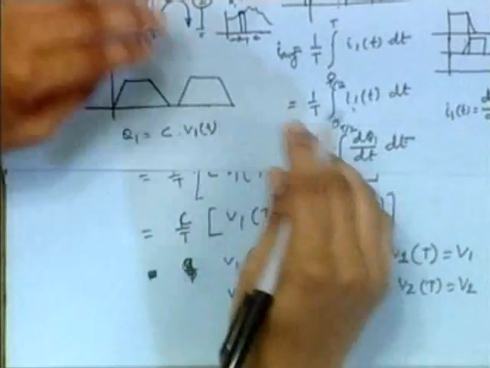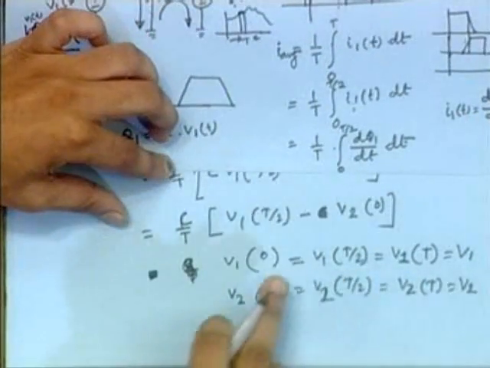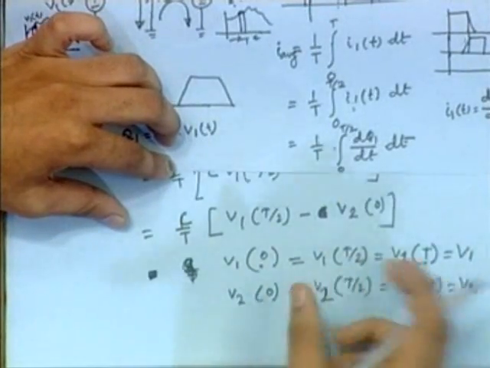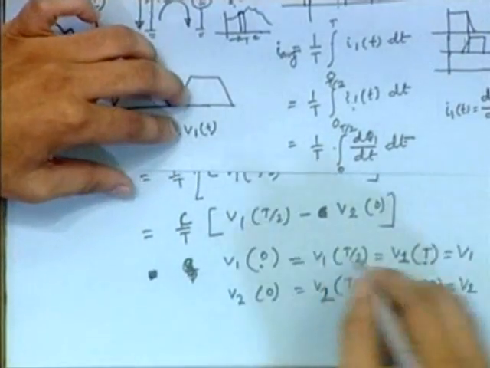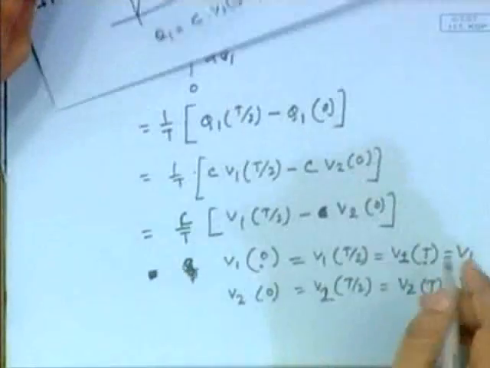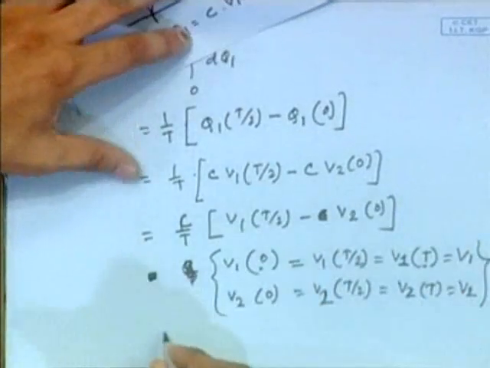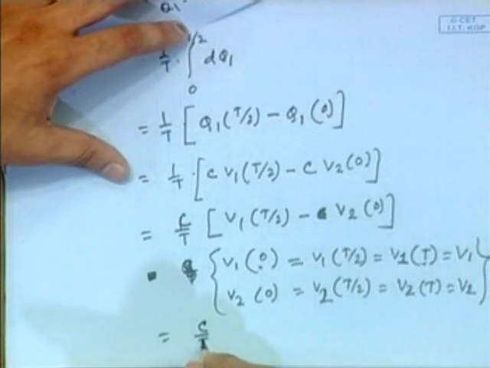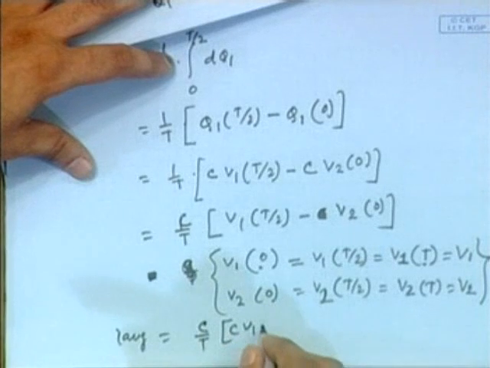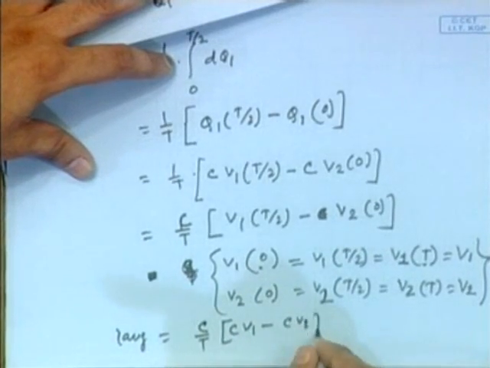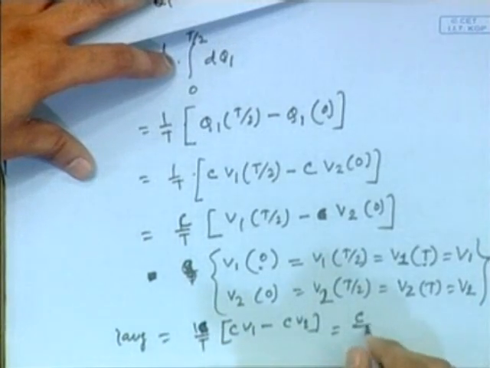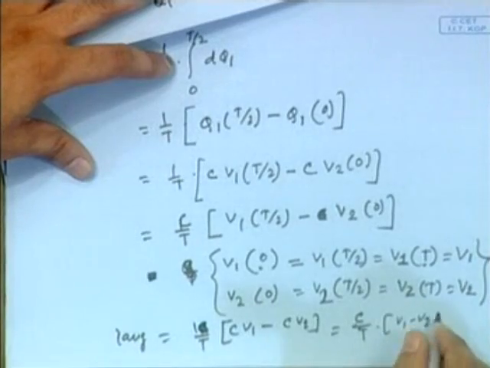So for that instant we are considering that from the 0th time, during that time interval T, the voltage is constant, this is equal to V1 and this is equal to V2. So here we can write I average is equal to C by T, C V1 minus C V2, sorry, let's take C times V1 minus V2.